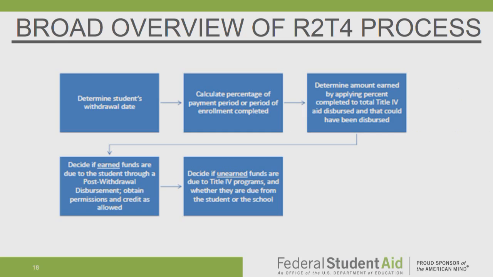If the student earned 50% and what you've disbursed is $10,000, but what could have been disbursed is another $10,000, a total of $20,000, the student only earned 50%, so only $10,000 out of that 20, which you've already disbursed, so there is nothing to return.